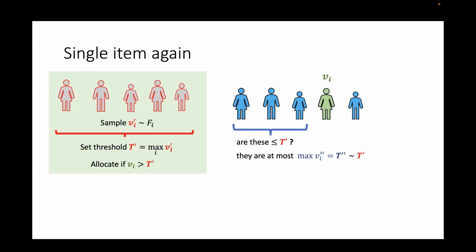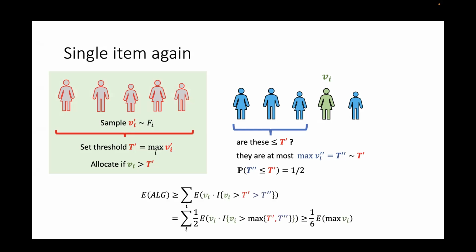So let's think of it as just one independent copy of the maximum valuation. Because I defined the threshold in that way, the maximum of the samples has the same distribution as the maximum valuation. So that means that the item is available with probability at least 1/2, right? Because the maximum of the samples has the same distribution as the maximum of the real values.